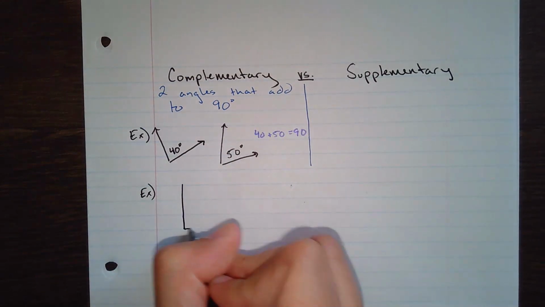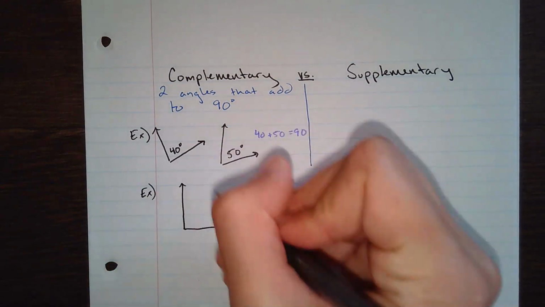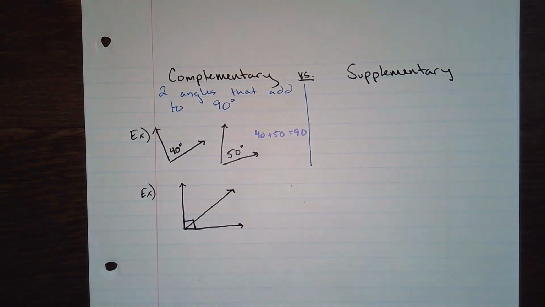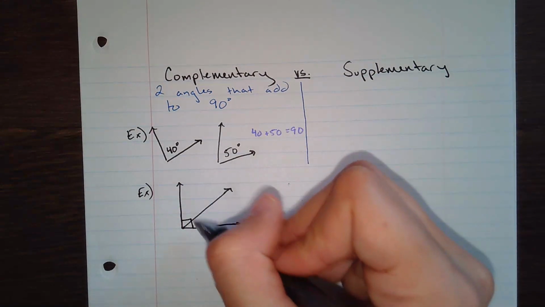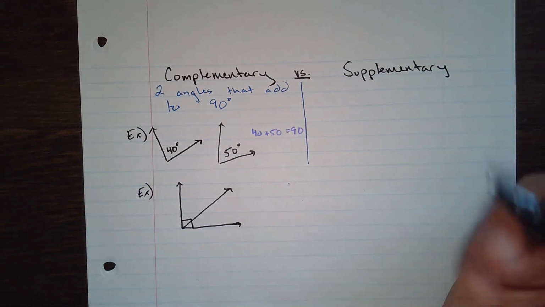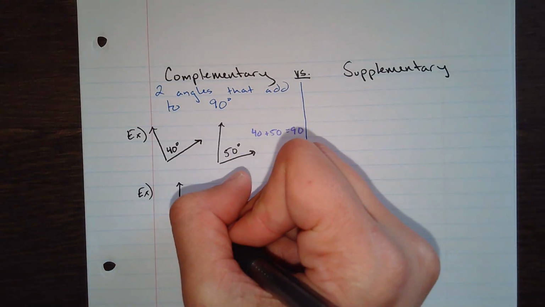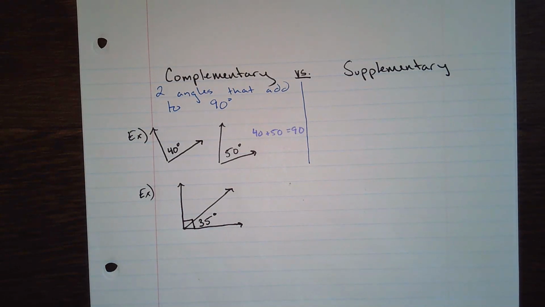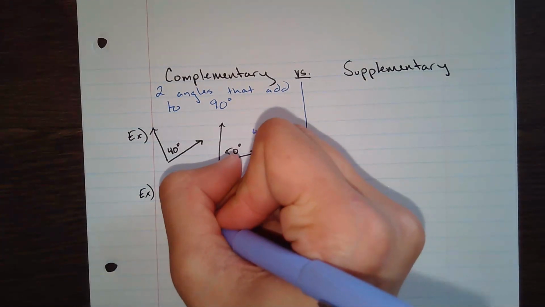Right, you also might see something that looks like this. They'll put this square here, which tells you that this entire thing is 90 degrees, because remember this square means 90 degrees. And they might tell you that this angle here is 35. And they want you to find this.